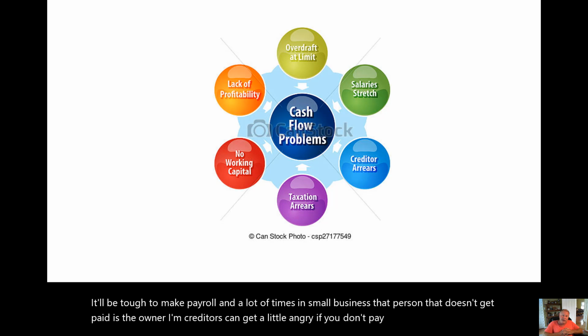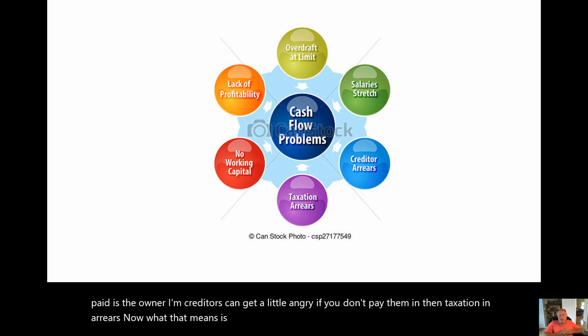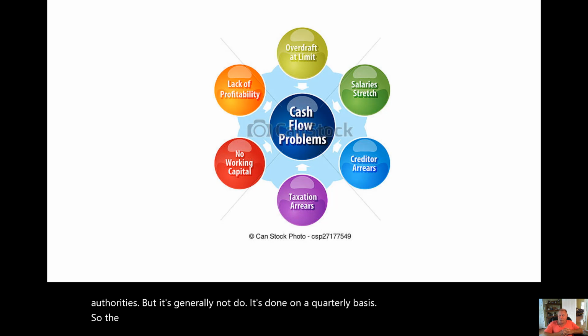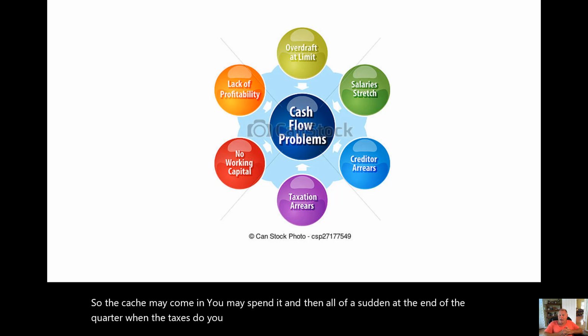And then taxation in arrears. What that means, and I'll give you the best example, is sales tax. If you as a company sell something that has sales tax on it, you have to submit that to the taxation authorities. But it's generally not due until it's done on a quarterly basis. So the cash may come in, you may spend it, and then all of a sudden at the end of the quarter when the tax is due, you may find that you have tax due, but you already spent the money.